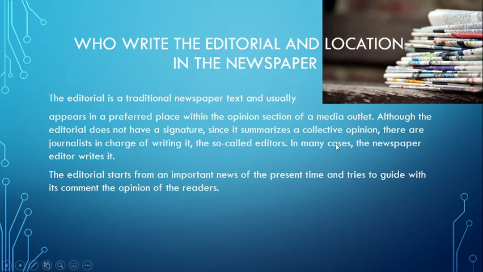The editorial starts from an important news item of the present time and tries to guide the opinion of the reader. So what this really means is it takes something important that is going on in the world, and it makes an argument either in favor of or against that.